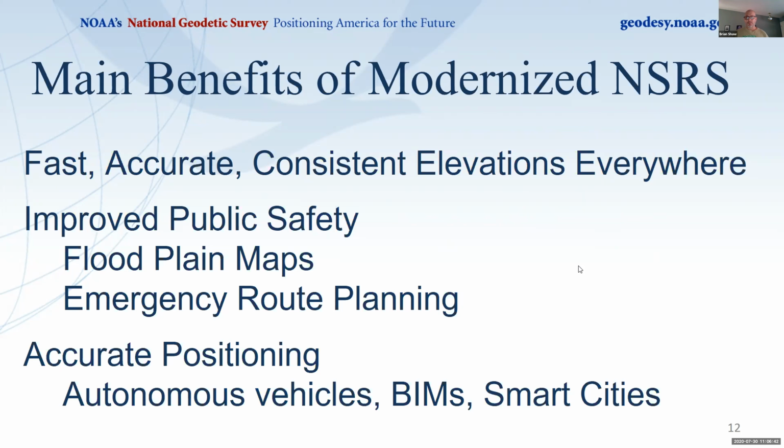This will help many things, from improving public safety, like floodplain maps and emergency route planning, to all of the digital elevation models that are referenced to ground control points with elevations, as well as accurate positioning for the future of what we're building towards today with autonomous vehicles, building infrastructure models and smart cities. To have all of these things work properly, you really need this geospatial infrastructure allowing everything to know where it is in a more accurate way.